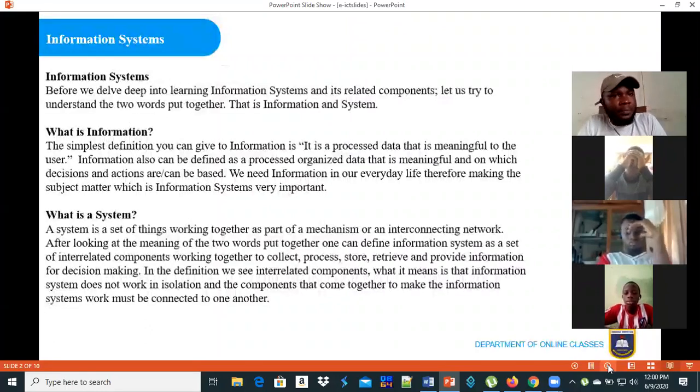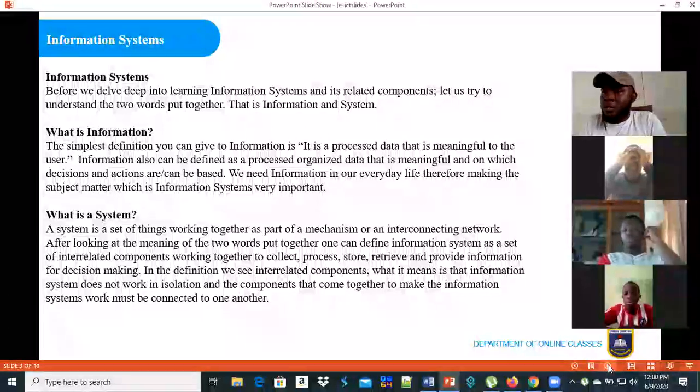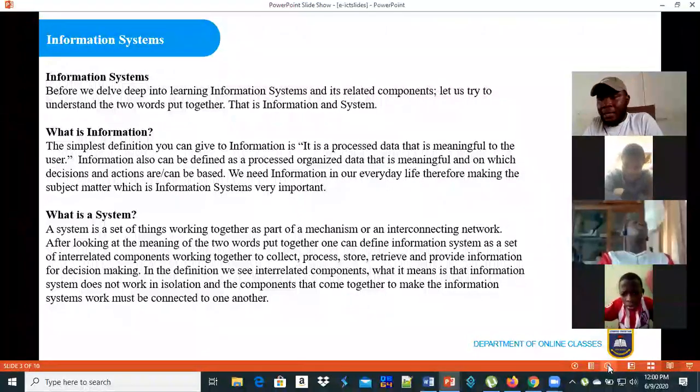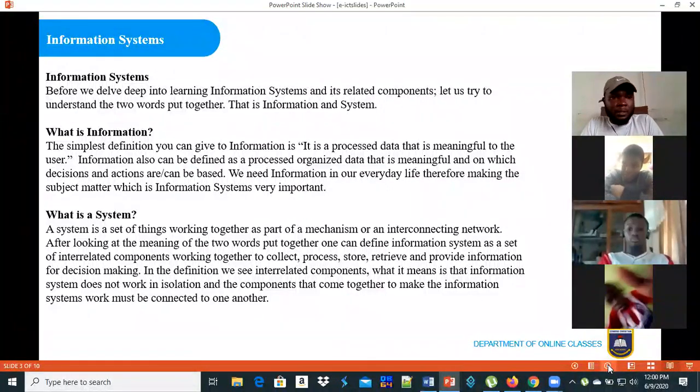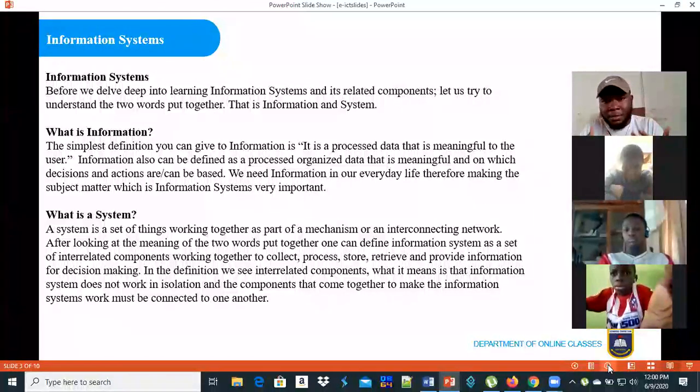So, information systems. This is going to be an interaction class. Yes, of course, I have to let you know certain things, but you also have to let me know certain things. If not for anything, you are elective ICT students, you have Google at your disposal. So if there's something that you don't understand, you quickly ask Google, and then Google will give you the information.